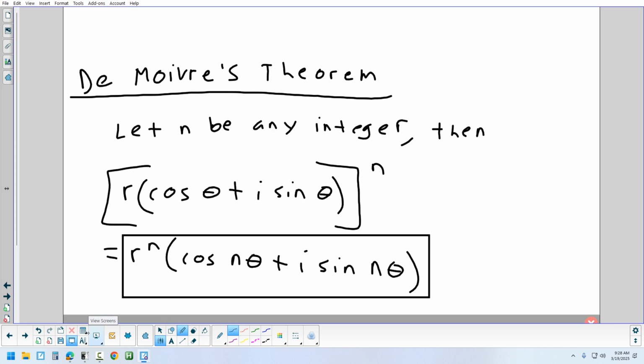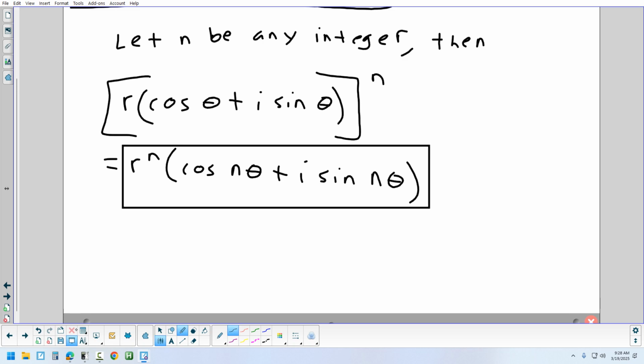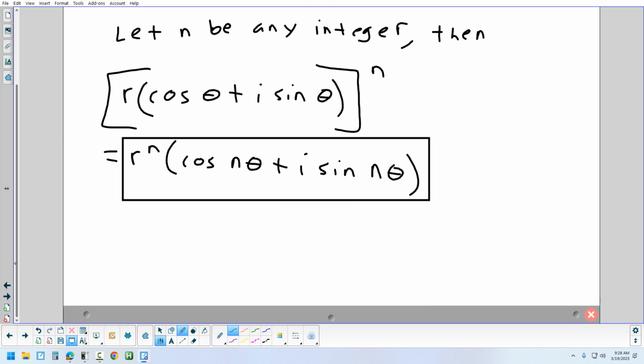That's how you raise something to a power using de Moivre's theorem. You raise your radius to the power, and you multiply your angle by the power.